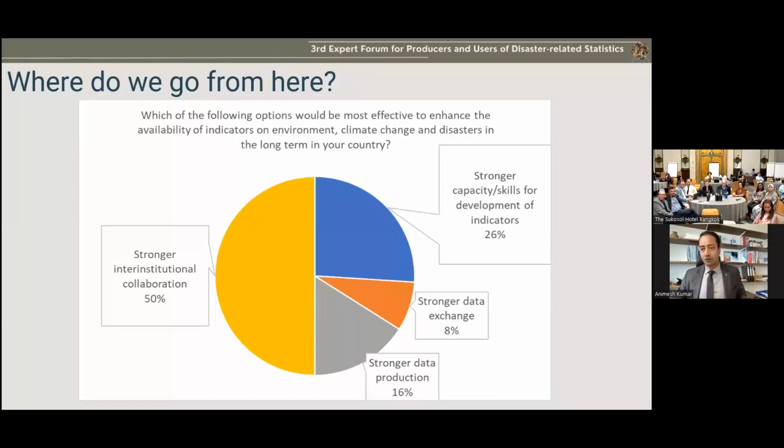Having said that, I would also want to point to some of the key points that I was taking note of. For example, the process of having the right standards in place is one of the key contributions from the statistical community. We have done well in terms of standardizing hazard classification, which is a big improvement over our current understanding in the context of the multi-hazard nature of disaster risk.